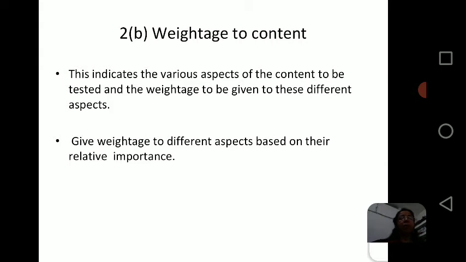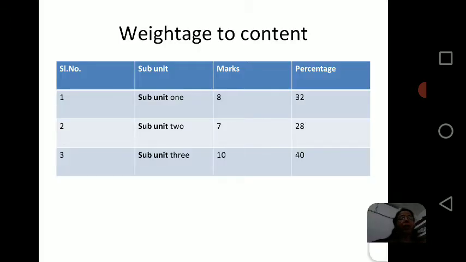These may be the subunits, and you can distribute the total marks among the subunits. You take the unit of your achievement test. First of all, you select the unit of your achievement test and divide it into certain meaningful subunits, and distribute the total 25 marks among the subunits.